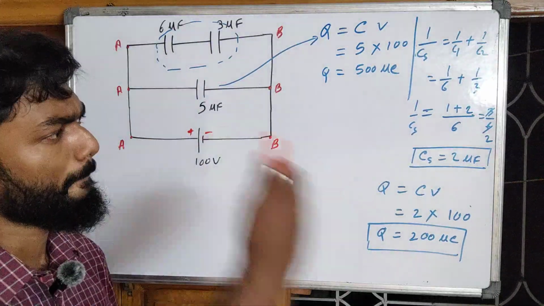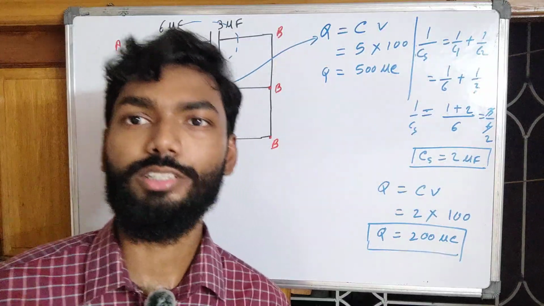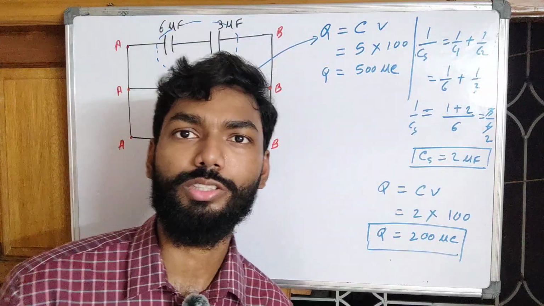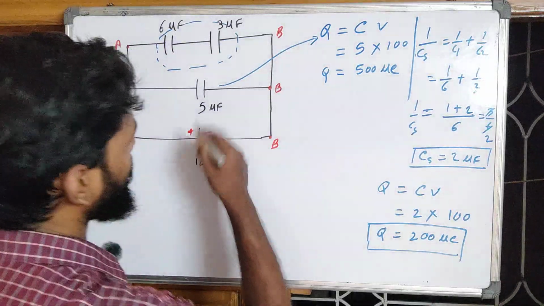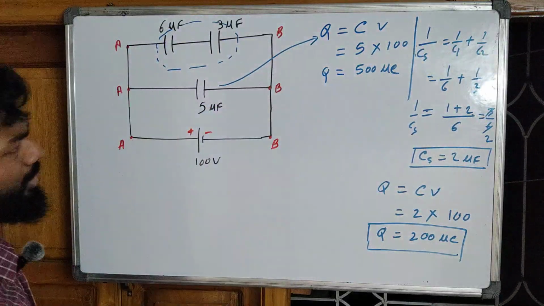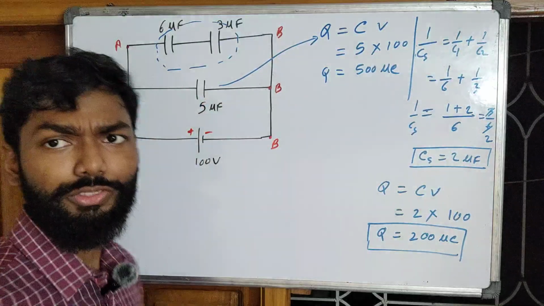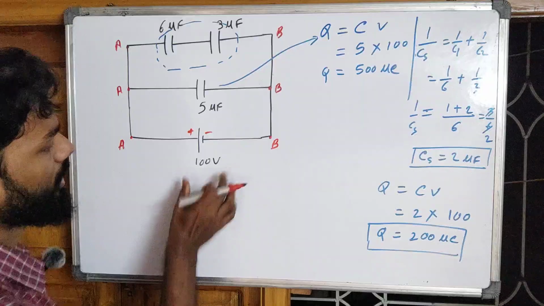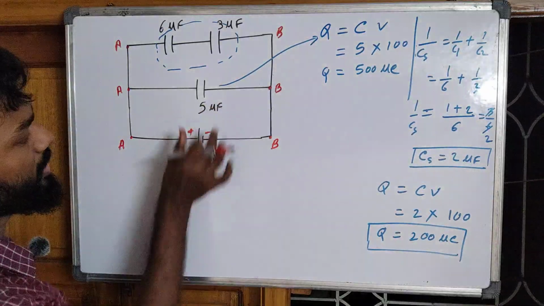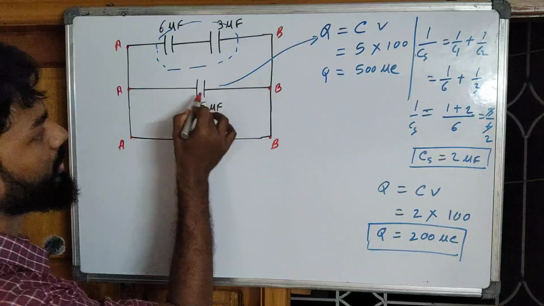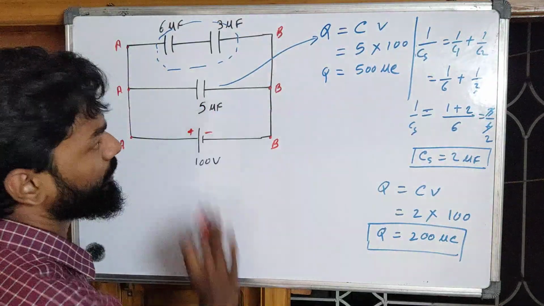All right, so we have found the first part, that is the charges, and now we will calculate the voltage. Let's calculate the voltage of this particular section. You can find it by visualizing: this is across AB, and across AB the voltage is 100, so V equals 100 volt.